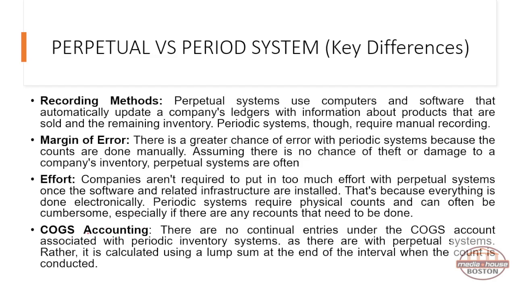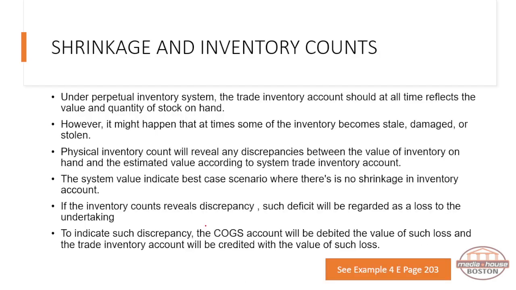In terms of cost of goods sold, there are no continuous entries under the periodic inventory system as there are with the perpetual system. Rather, it is calculated as a lump sum at the end of the interval when the count is conducted.